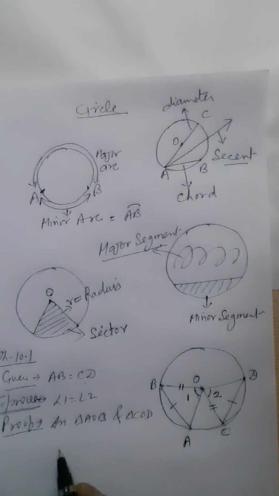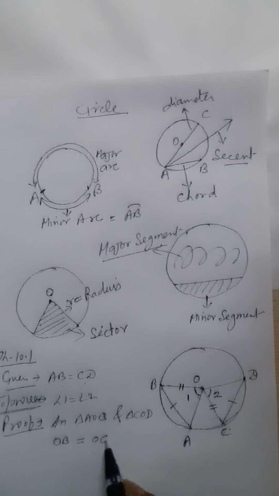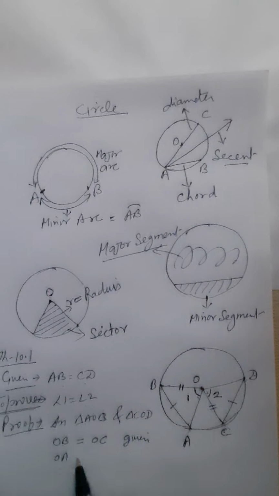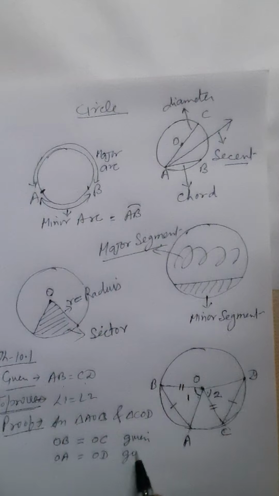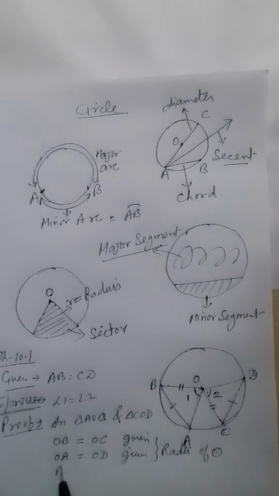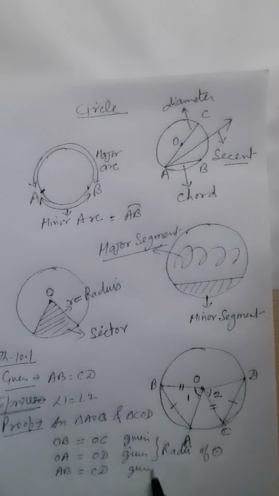So I can write OB is equal to OC, OA is equal to OD, because they are radii of the circle. The third thing given to you, AB is equal to CD. Everything is given to you.